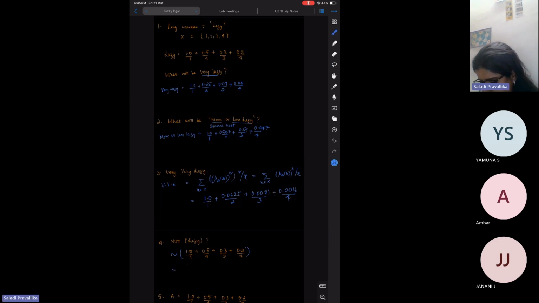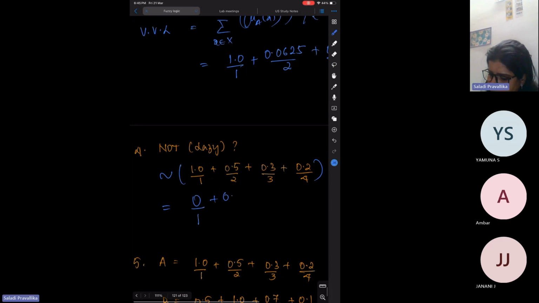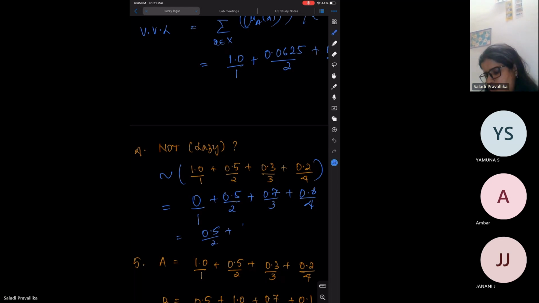So that is equal to 0 for given 1, 0.5 for given 2, 0.7 for given 3, and 0.8 for given 4. Clear so far?